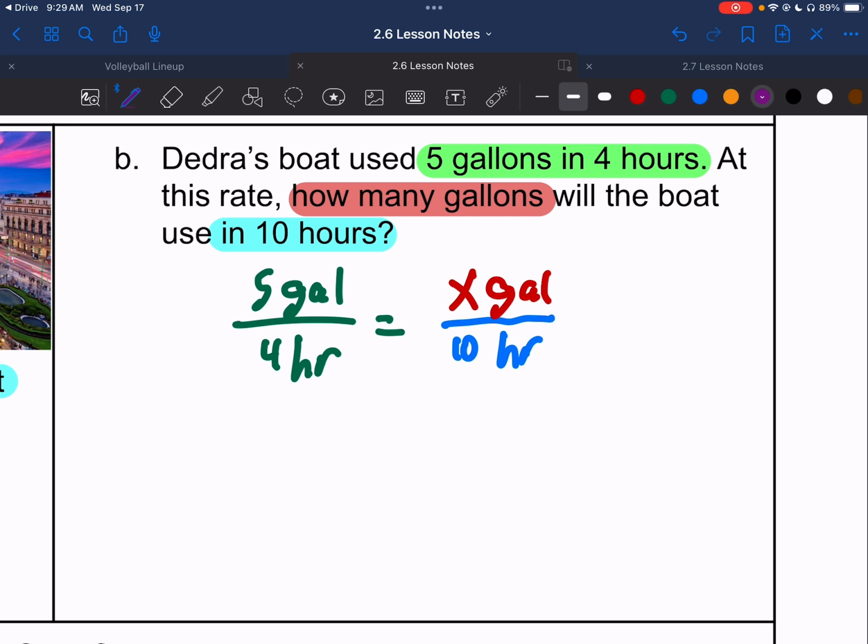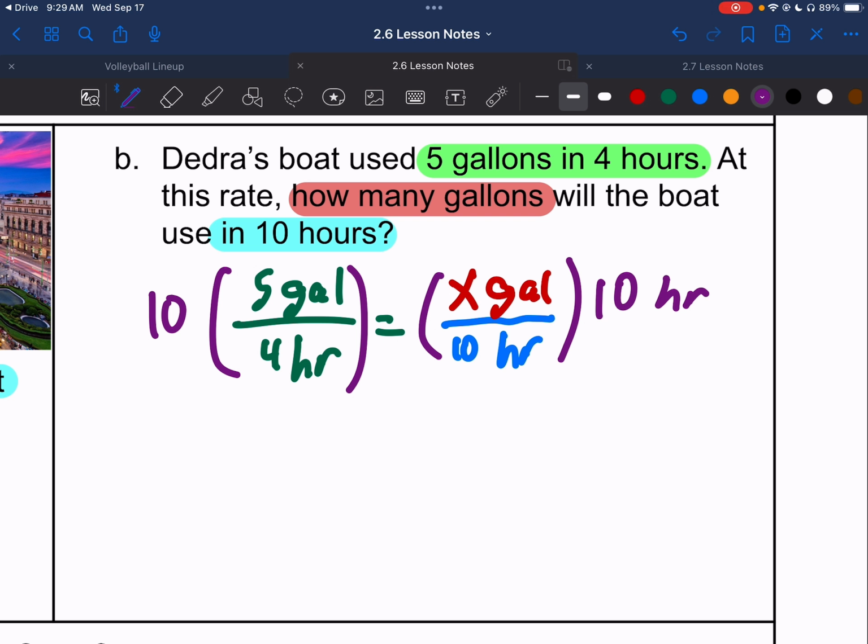So to solve this one, we multiply both sides of our equation by 10. And I'm going to specifically multiply it by 10 hours. And the reason why is right here, 10 hours and 10 hours cancels out. Hours and hours cancel out.